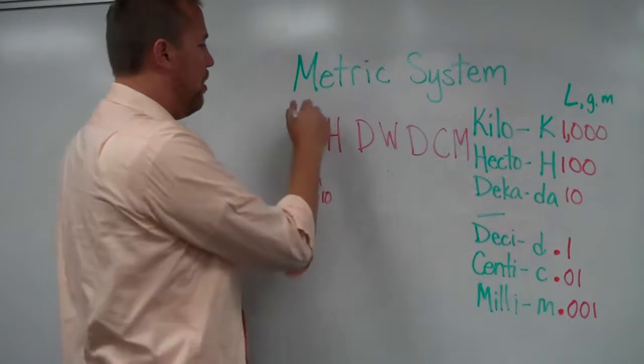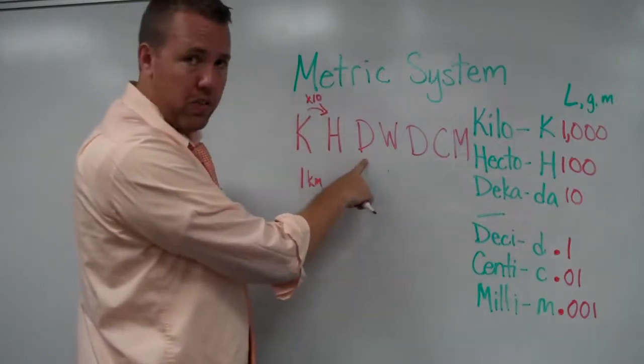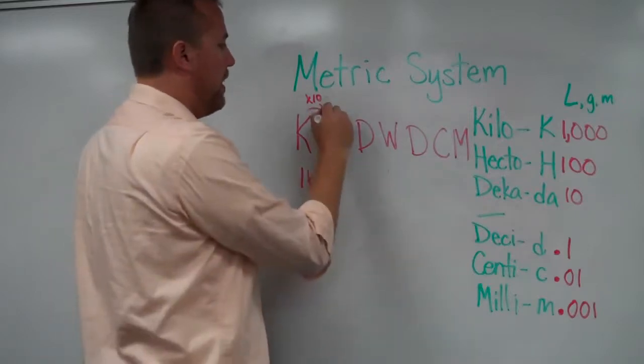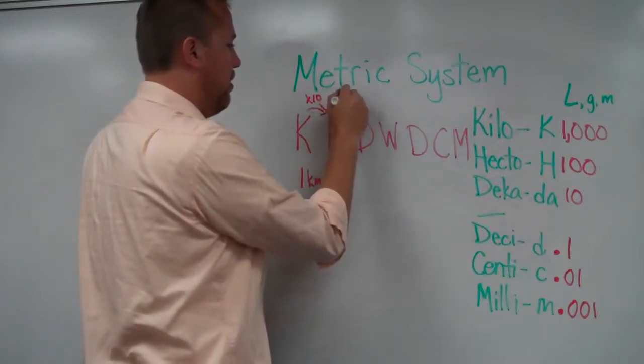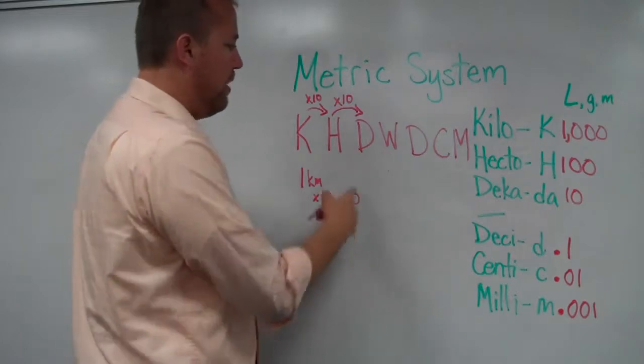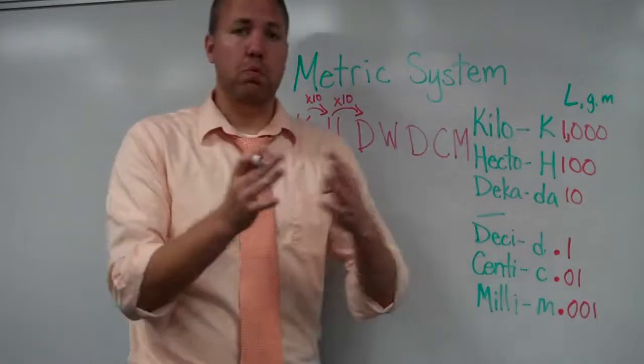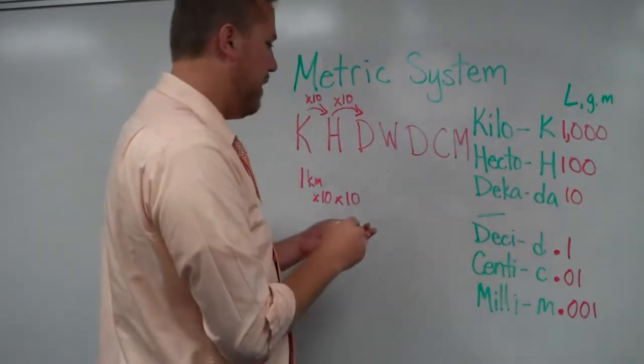Okay? If I want to know how many decameters are in 1 kilometer, I just times by 10 again. And I know there are 100 decameters in 1 kilometer. Okay? And we just move back and forth very easily.